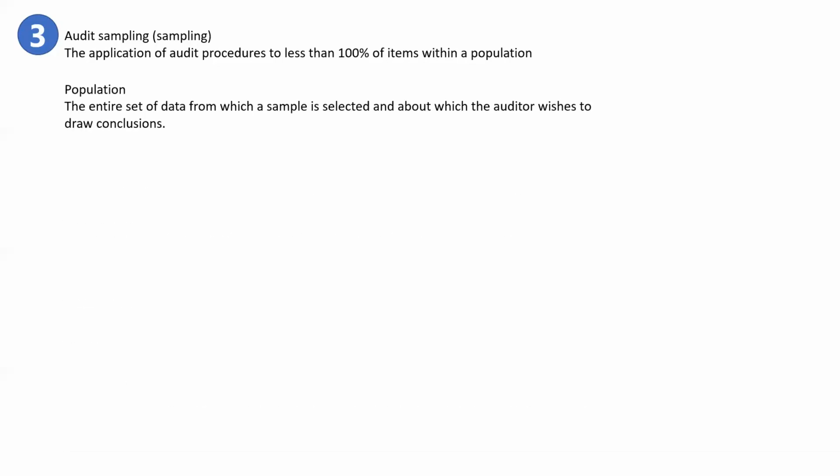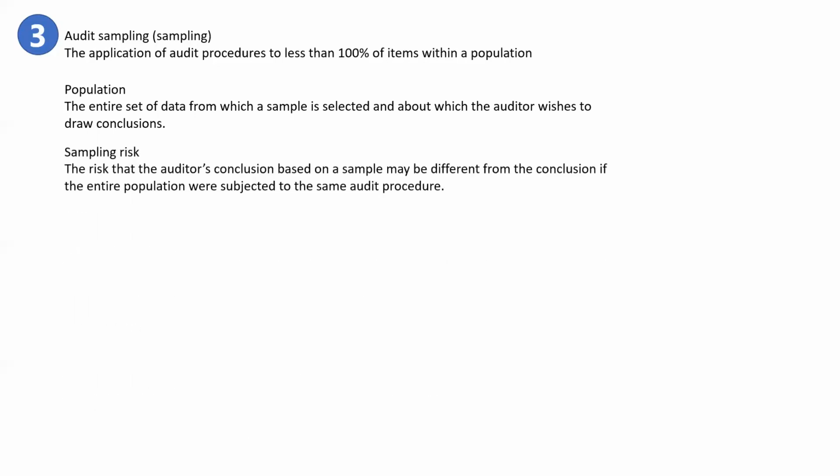A population, as explained in the revenue example, is the entire set of data from which a sample can be selected. So the entire set of data in this example would be the 10 invoices that make up the revenue amount of 100,000 sitting in the face of our financial statements.